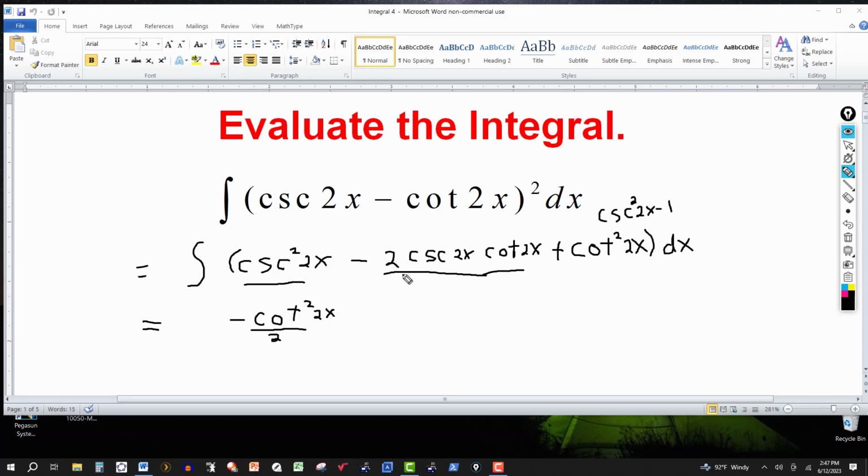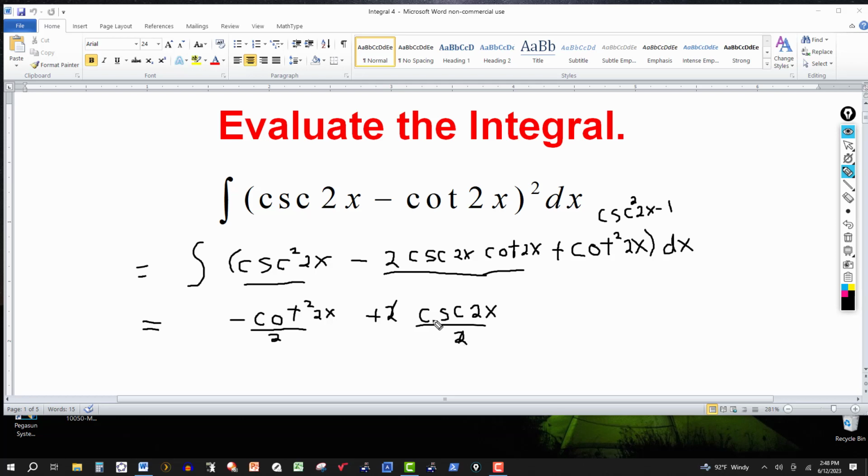And for this one here, we got a minus cosecant of 2x cotangent of 2x, so the antiderivative of that is cosecant of 2x. Again, the derivative of cosecant is minus the cosecant of the angle times cotangent of the angle. In this case, the angle is 2x. This will be a plus here. And then we divide by the derivative of 2x, which is 2. So these would cancel here.